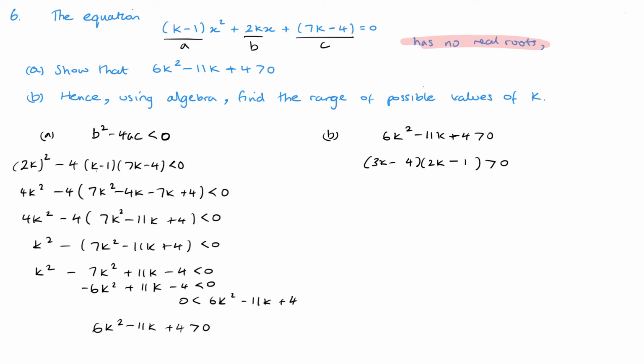You've got your 6k squared minus 3k minus 8k. That would give me the minus 11, and minus 1 multiplied to give me 4. Okay, little hint, you can always put this into your calculator, see what your two answers for x are.